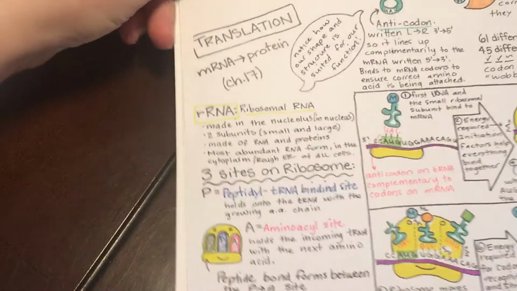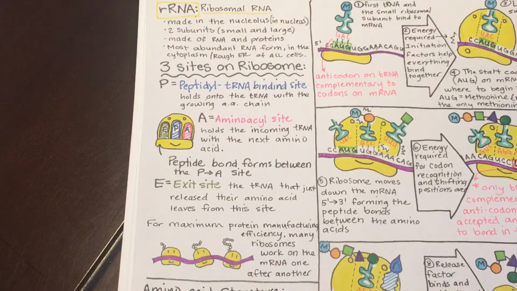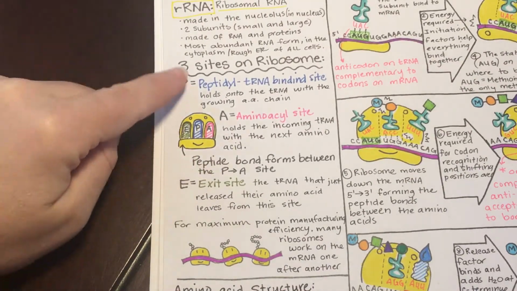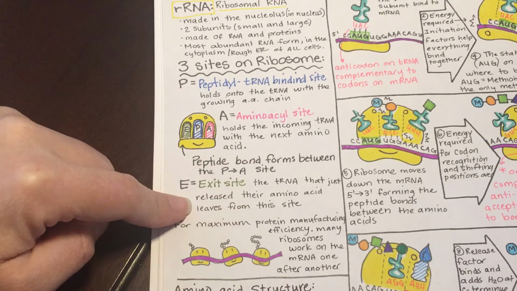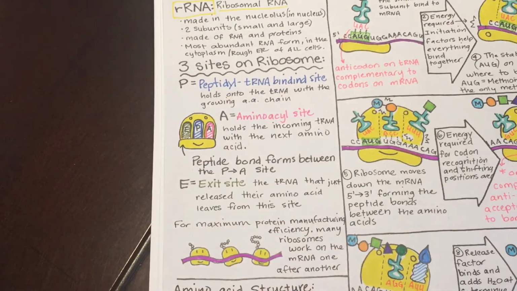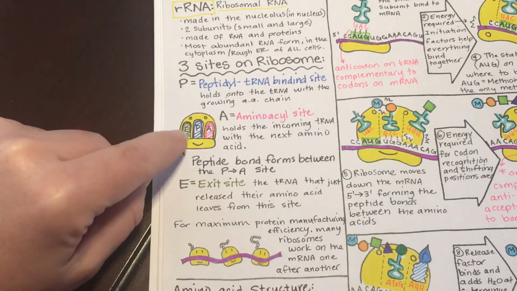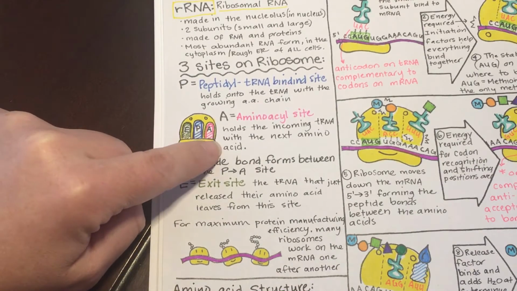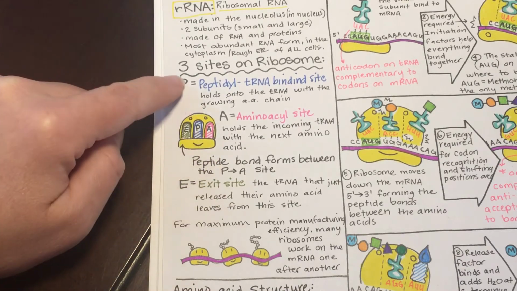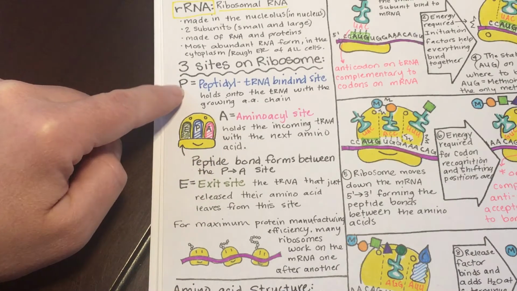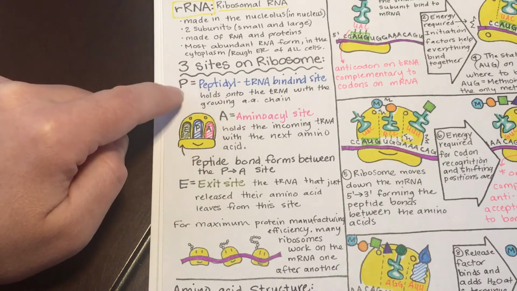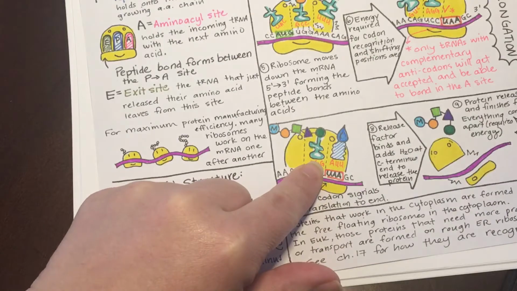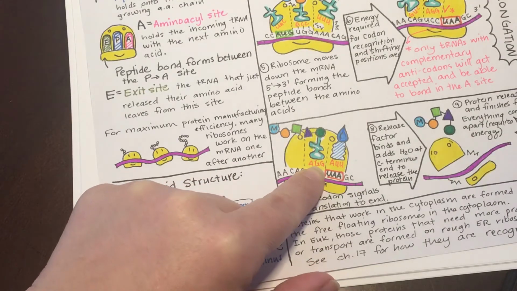I'm going to talk real quick about these 3 sites on the ribosome and what their positions are. I don't think you're going to be seeing this on the AP exam, but it's just a quick intro before we get into the details. There are 3 locations within a ribosome, the E, the P, and the A. The P site is where the tRNA that is holding on to the amino acid chain is waiting for the next one to come in.